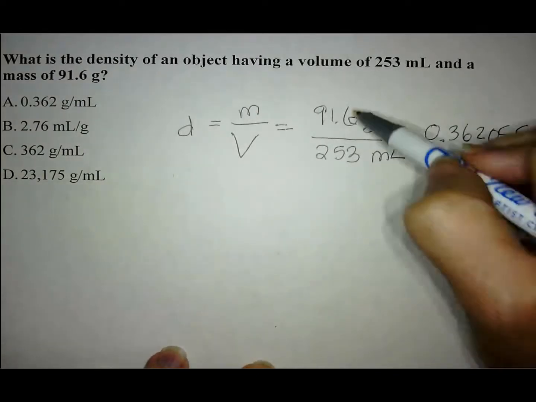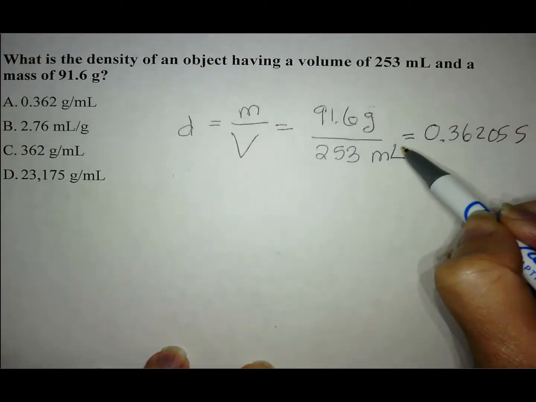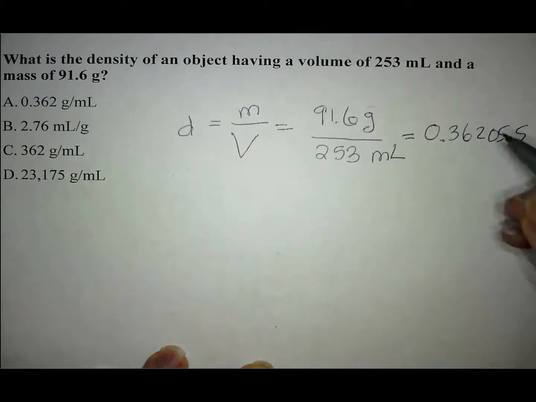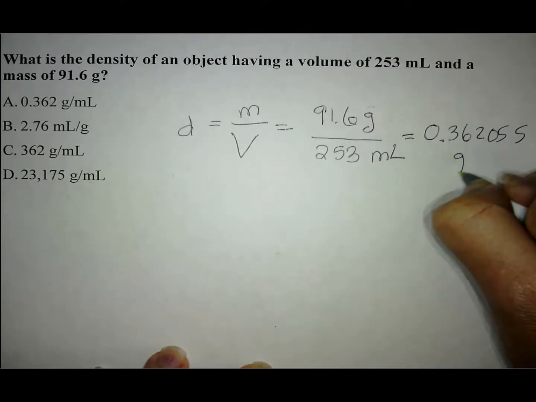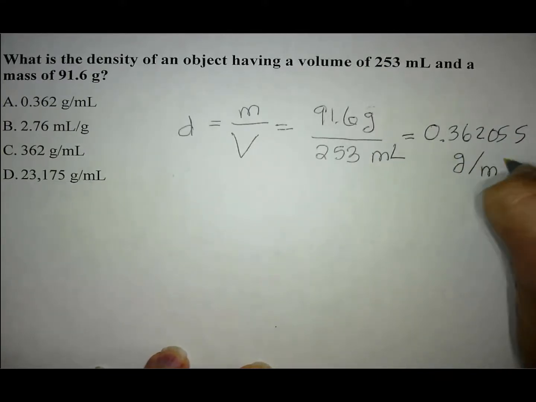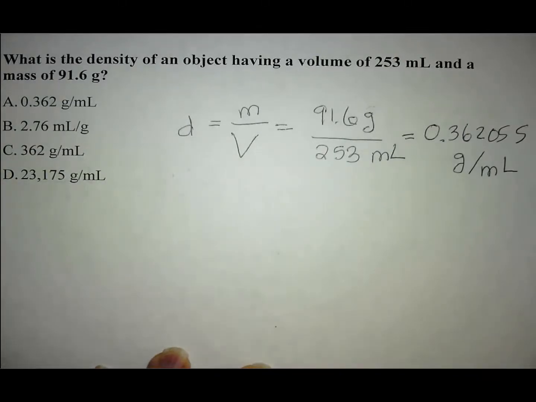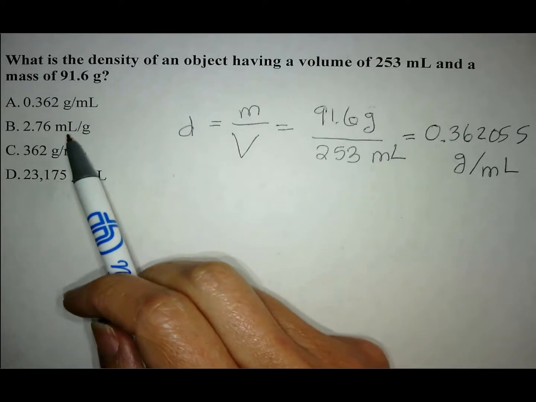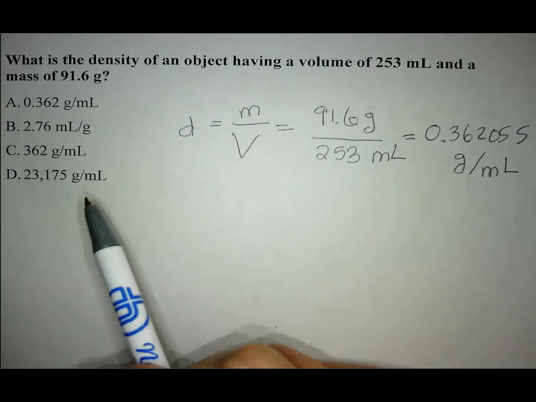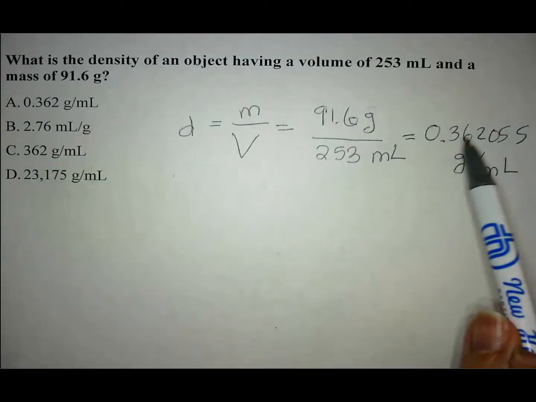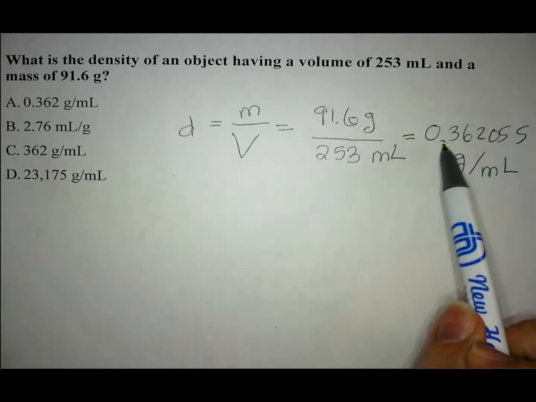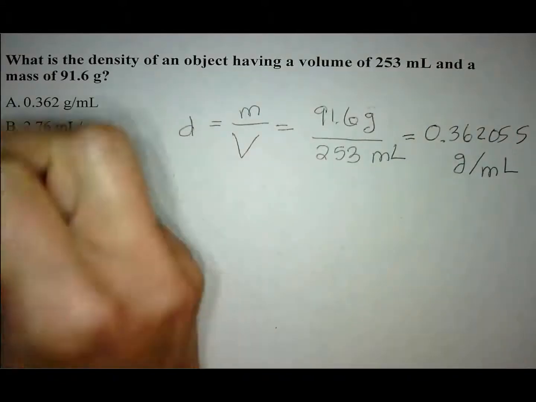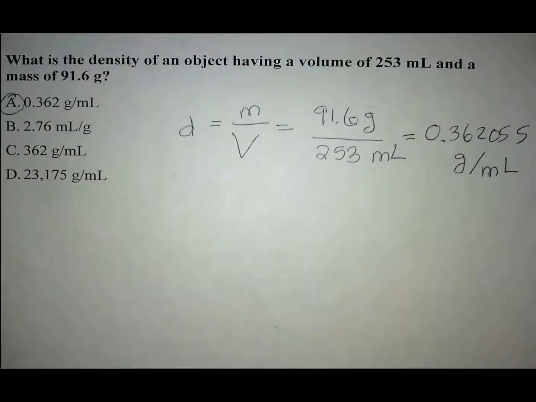And the units on that, we've got grams in the numerator and milliliters in the denominator. So our unit will be grams per milliliter. So we know that it's not B, which is milliliters per gram. And we can find the number that matches. We're looking for 0.362, and that would be A.